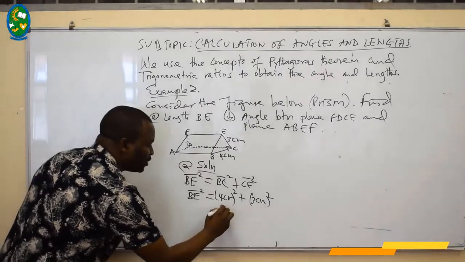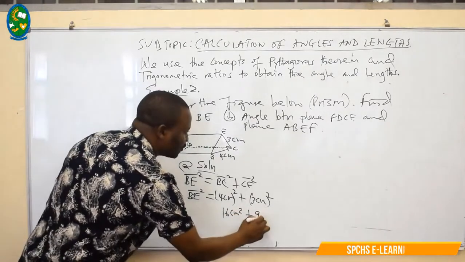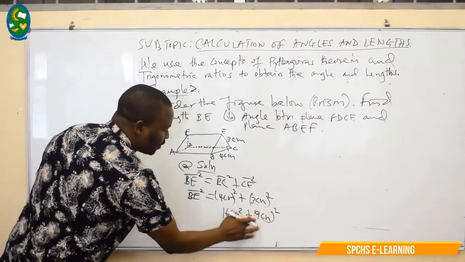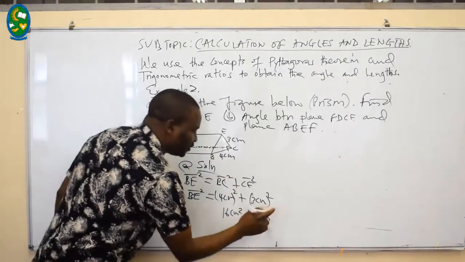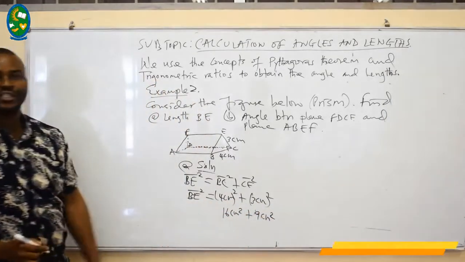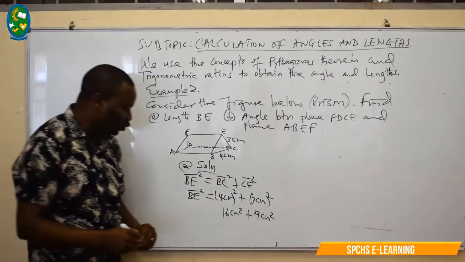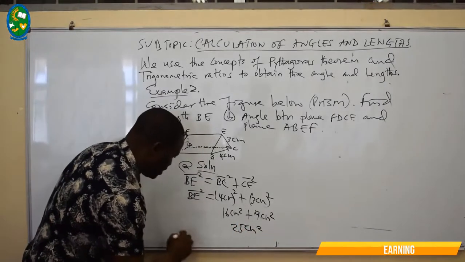Then this will be 16 centimeter square plus 9 centimeter square, which is equal to 25 centimeter square.